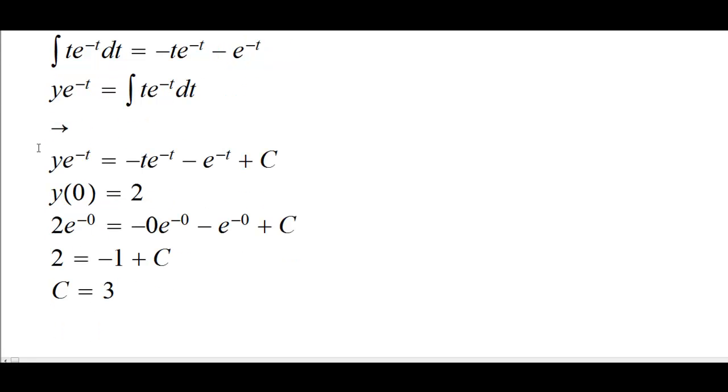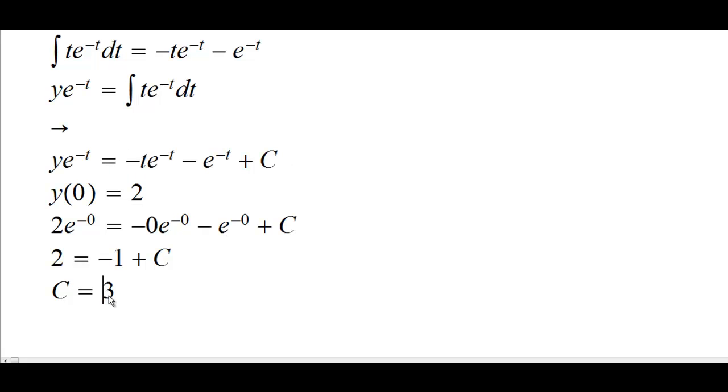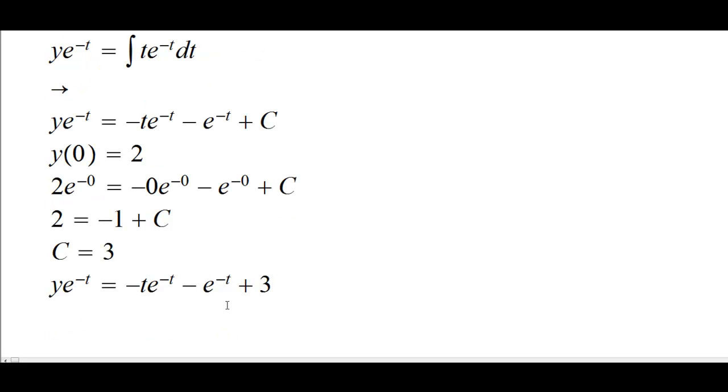So what I got here is the following: this is 3, and if you want you can multiply by e to the t, and that will solve this explicitly for y in terms of what? T, right? Everybody clear?